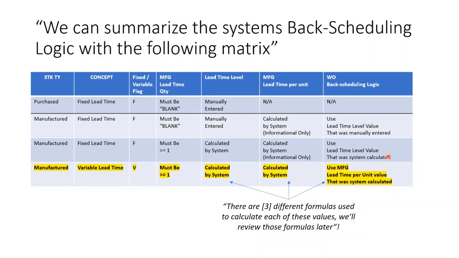We can summarize the system's back scheduling logic with the following matrix. The matrix includes purchase items and manufactured items. Again, purchase items can only use one concept, and that is the fixed lead time concept, where we set the fixed variable flag to F and assure the manufacturing lead time quantity is left blank.